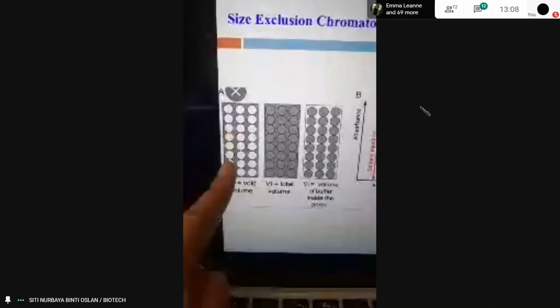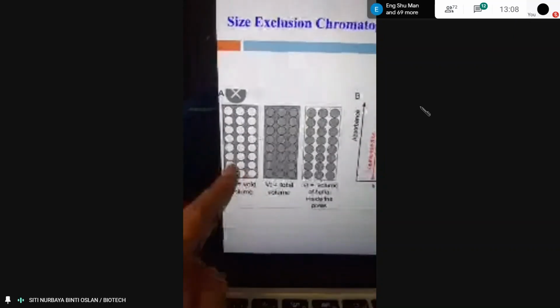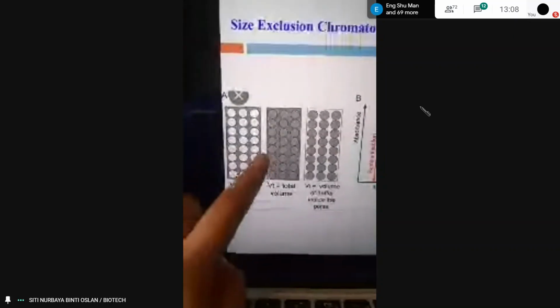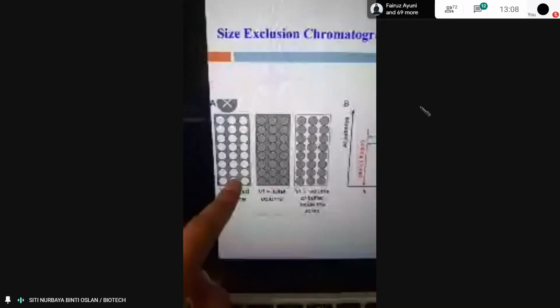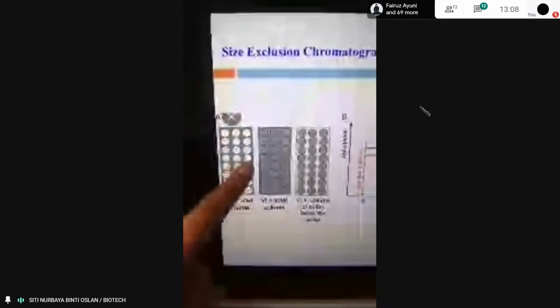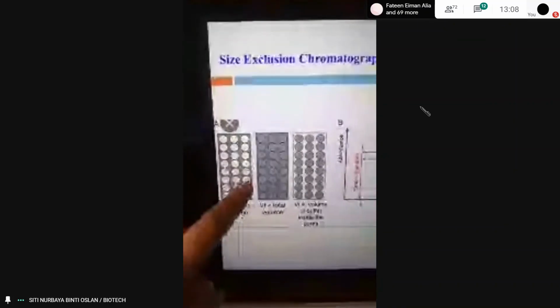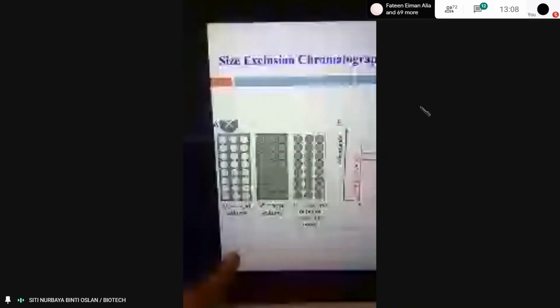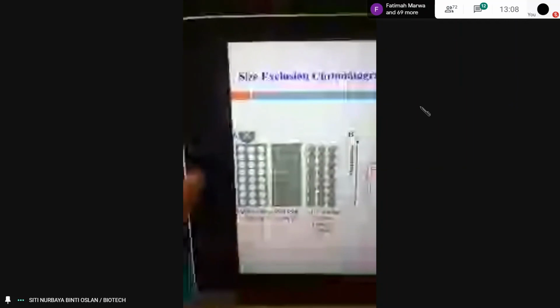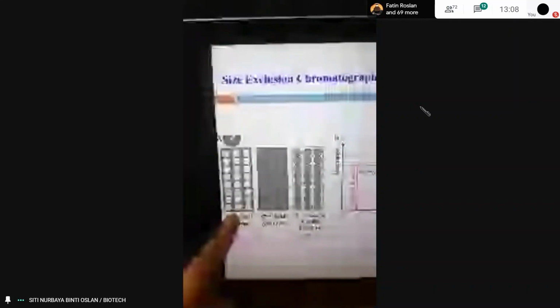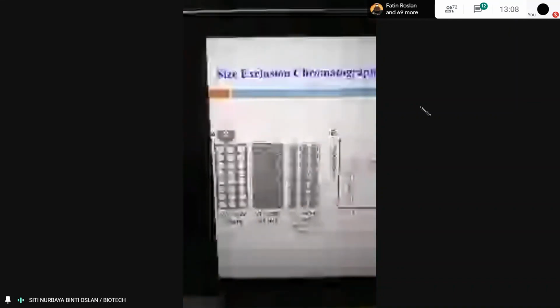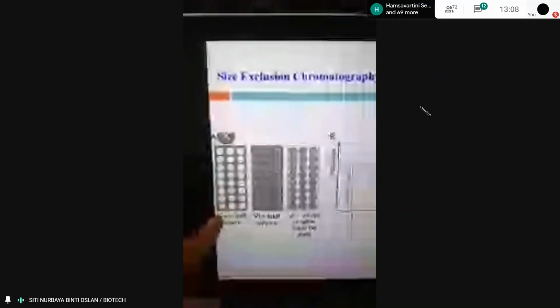This is the matrix where we can track your protein. When you start applying your sample, this solution, this volume, this liquid will come out first. The volume of the buffer comes out first. Basically, that is just the void volume. It's just the buffer in the column.